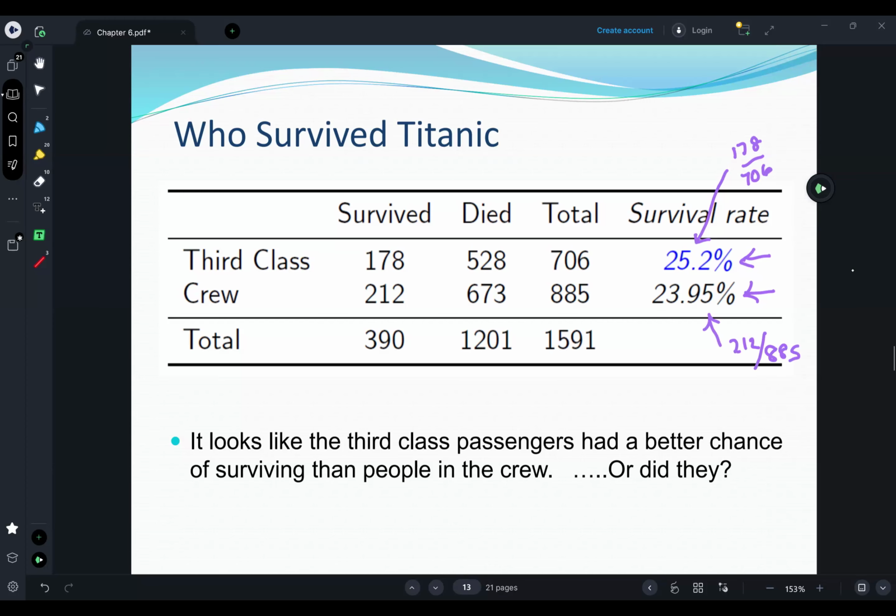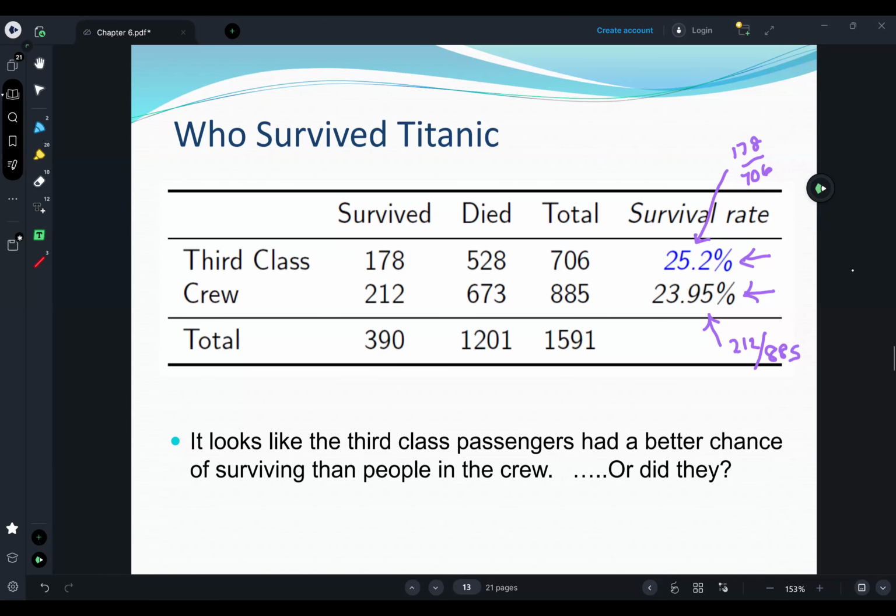So what this tells us is there were 885 crew members, and there were 706 third class. So there were quite a lot more crew than third class, but yet the survival rate for the third class was a little bit higher, 25.2 versus 23.95.